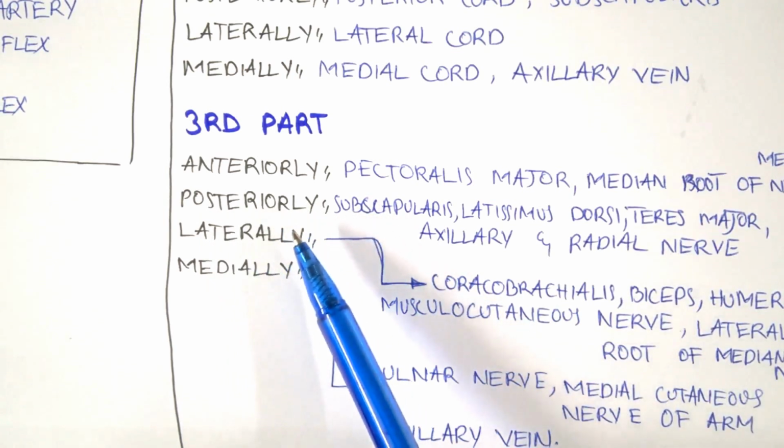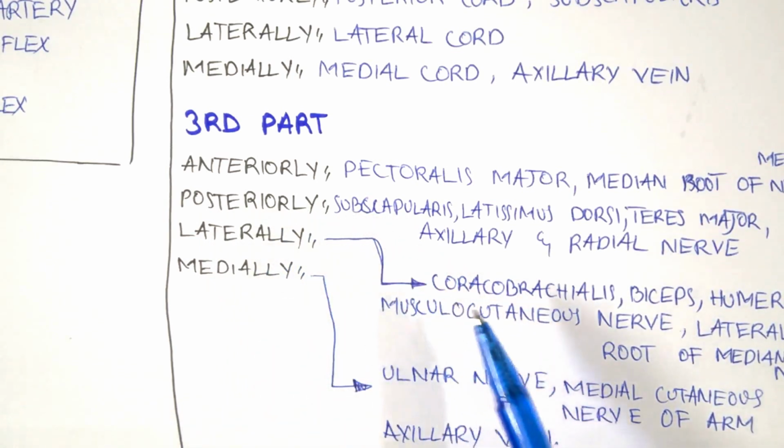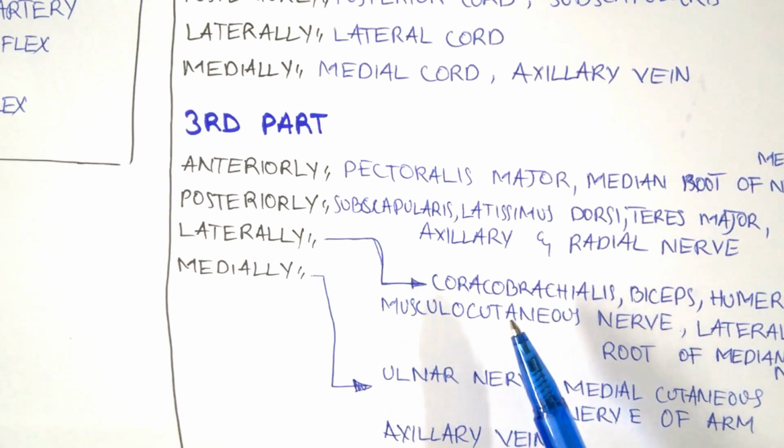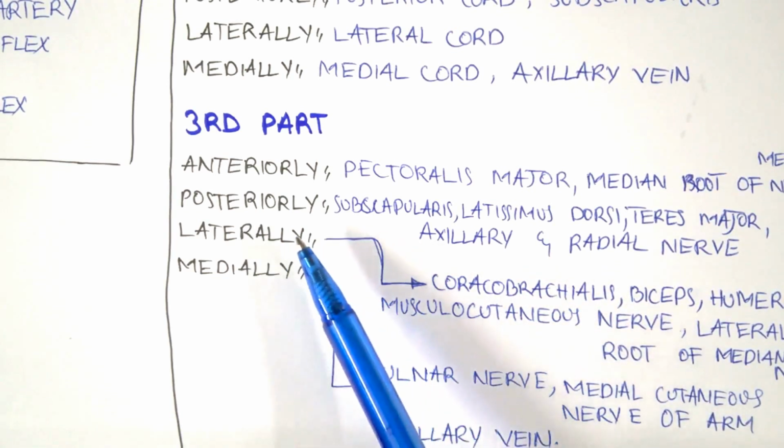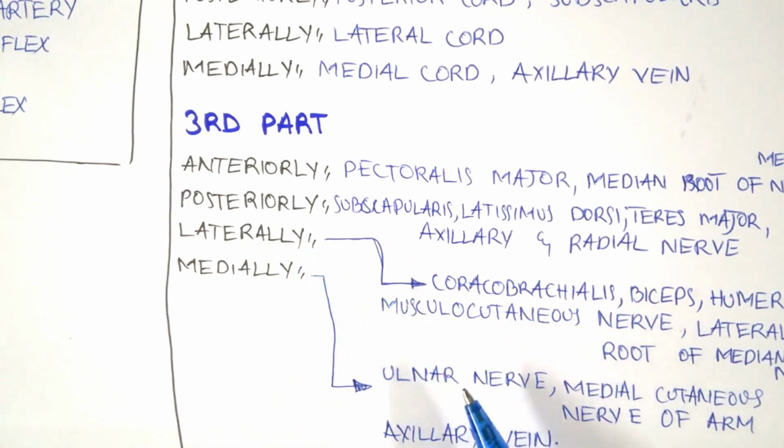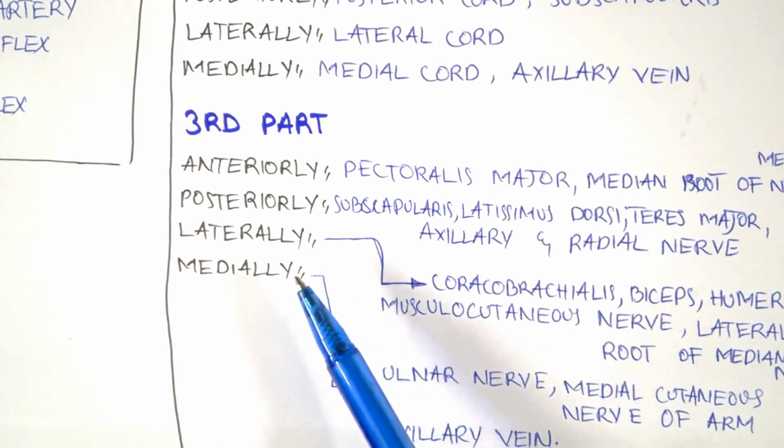And the same goes for other branches. For example, the musculocutaneous nerve arises from the lateral cord, so it is related laterally. And the same goes for the ulnar nerve, because it arises from the medial cord of the brachial plexus, so it is related medially.